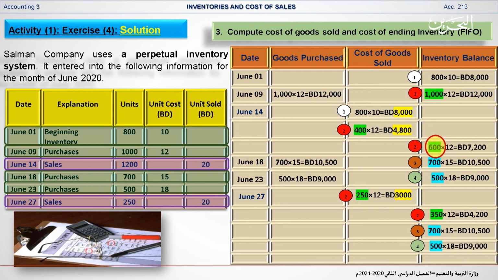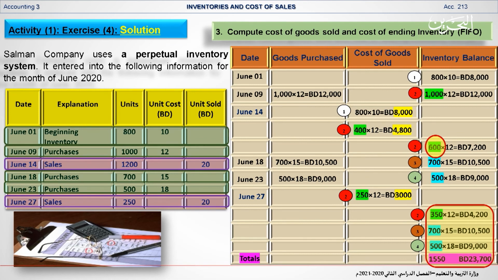You will multiply each one by its unit cost. The total cost of ending inventory is 23,700 BD for 1,550 units remaining in inventory.